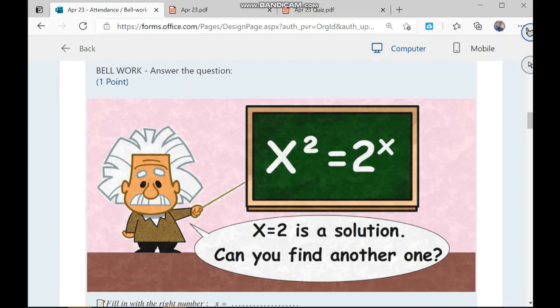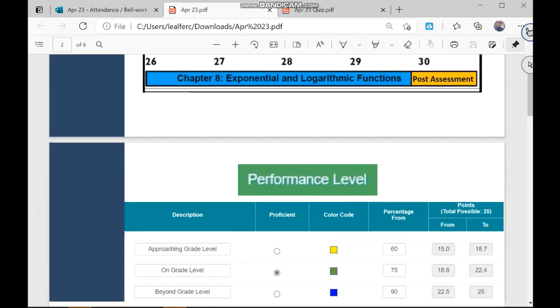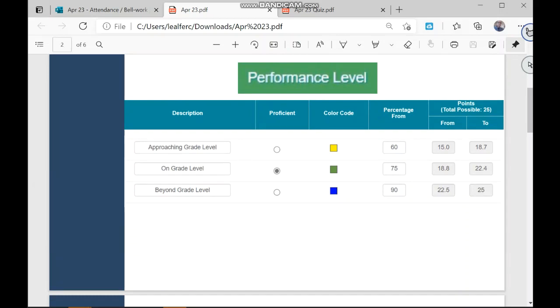Let's move. I'd like to really talk real quick about this post-assessment and explain how I'm going to grade it. You're going to have an extra credit now for your progress report cards. If you complete it and have a grade that's on grade level or beyond grade level, that means greater than 75%, I will give you 100%.